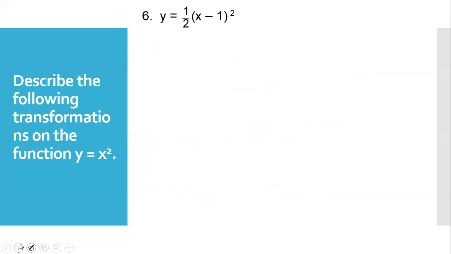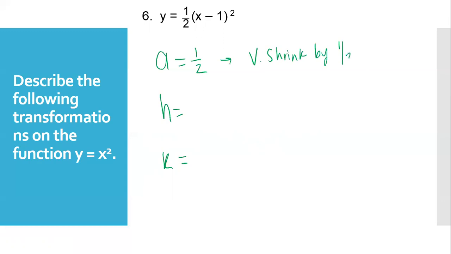All right. Let's try the next one. So we have a, h, k. What's our a? And what is this telling us? Look at your little summary above. What is it telling you? It's a shrink. So it's a vertical shrink by half.